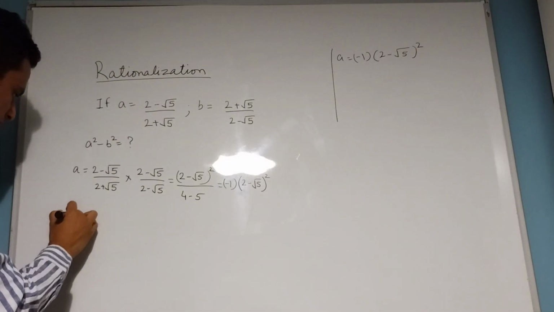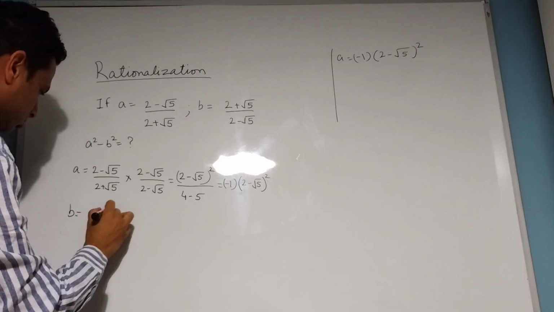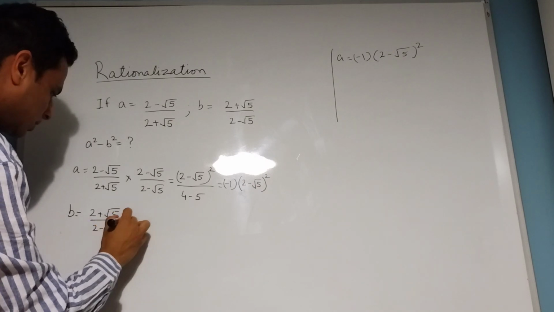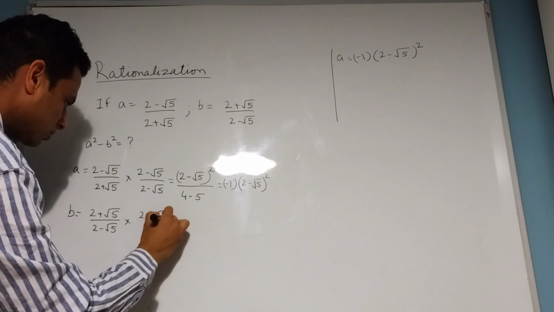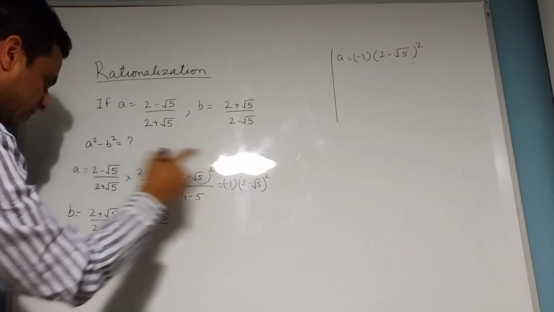Similarly, let's find the value of b. b is 2 plus root 5 divided by 2 minus root 5. We multiply and divide this by the denominator but with the opposite sign, the way we did when we rationalized a.